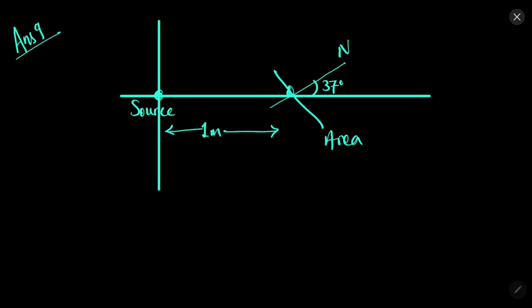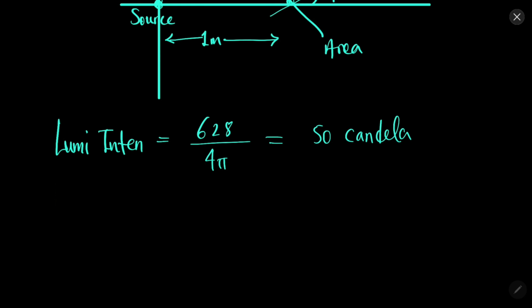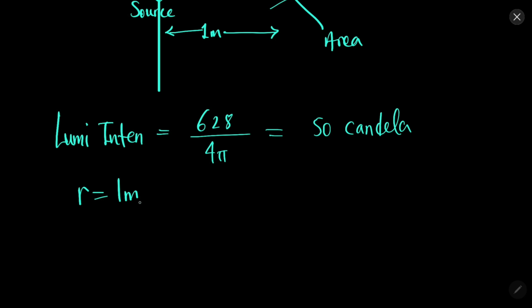So now what do we have? We have luminous intensity 628 over 4 pi, because it is uniform in all directions, so 50 candela. R is 1 meter, distance is 1 meter, theta is 37 degrees.